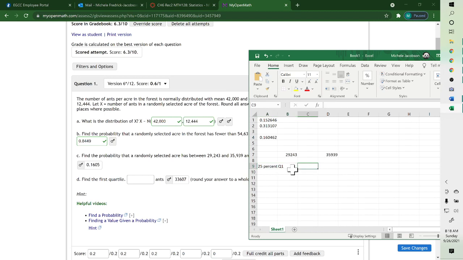And then you have another 25% in Q2. Well, they call it Q3, or lower quartile, upper. So this one's lower quartile, this is the upper quartile. Notice this one has, let me put the mean in there.